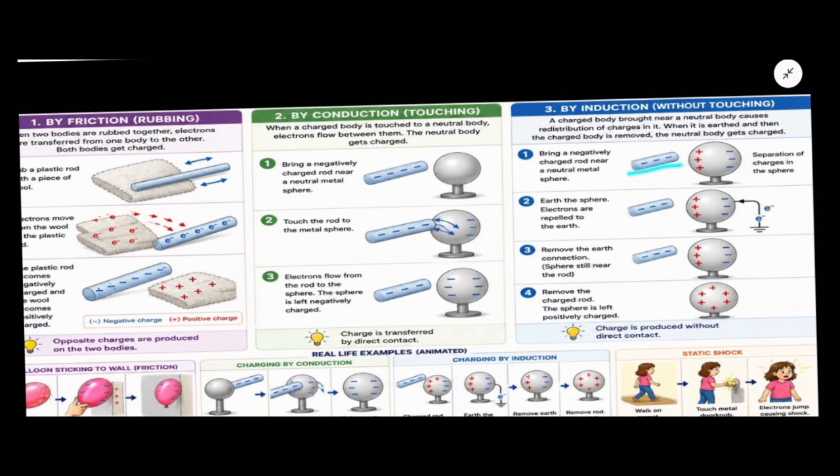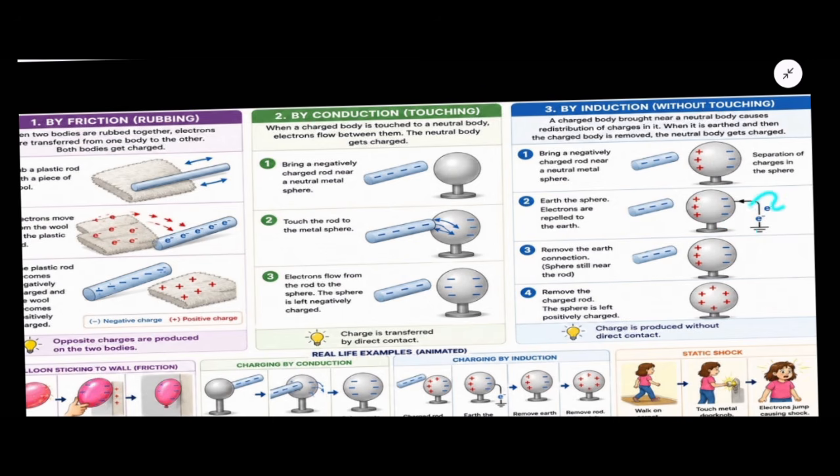As this is a negatively charged rod, when it is brought near another body, the electrons in the atoms of that body get repelled by the charged rod and are transferred to the other side, while this side becomes positively charged. We can remove these electrons by earthing it. As we know, earth is an ocean of electrons, so it will take all the electrons.